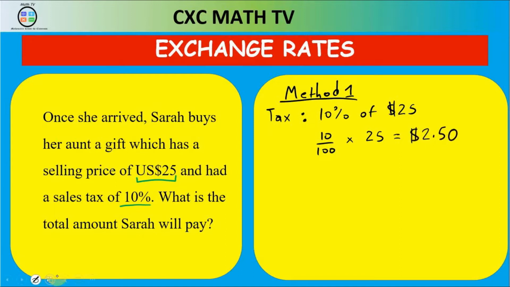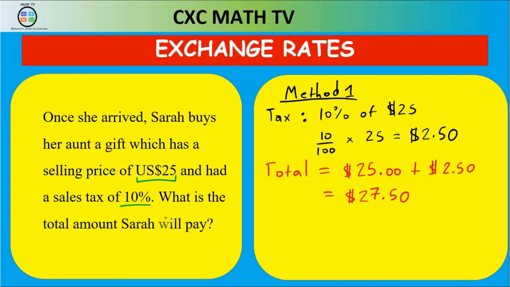Then once you get that, the total amount Sarah will pay is going to be equal to the initial $25 plus, of course, the tax that you have to pay, the $2.50.